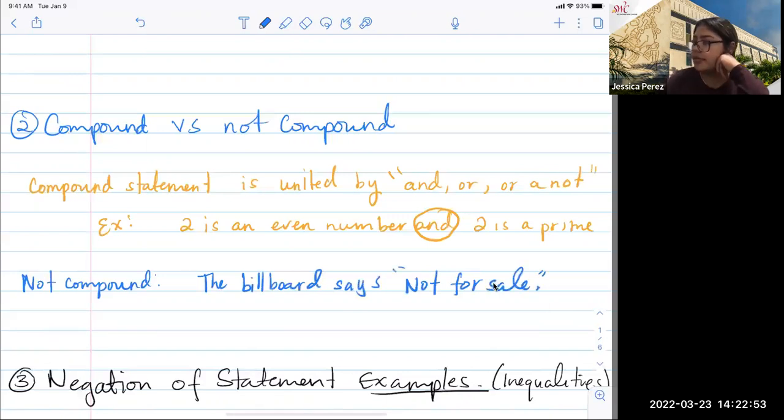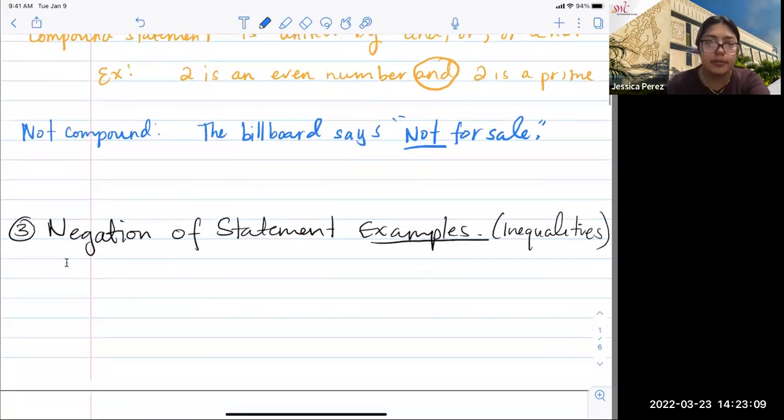It contains a not, but that doesn't necessarily mean this is a compound statement. Just because it says not doesn't mean it's compound. You have to make sure you understand the difference.